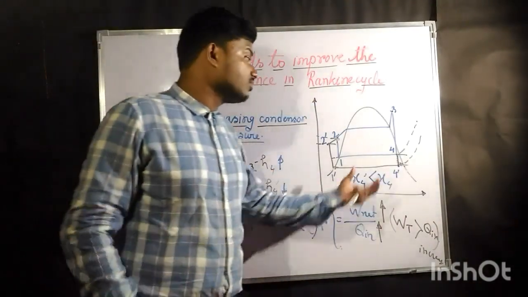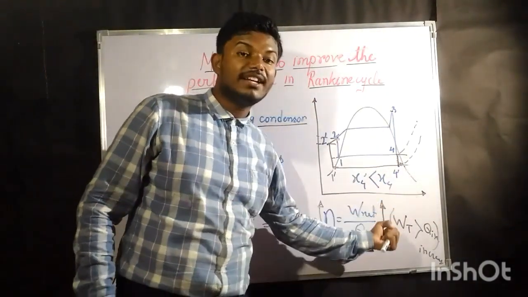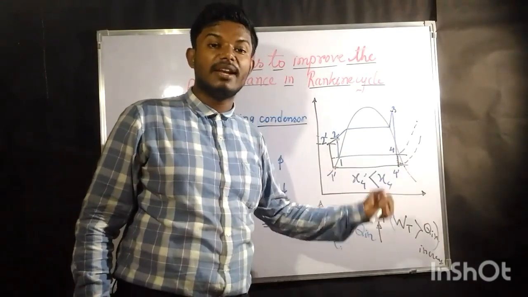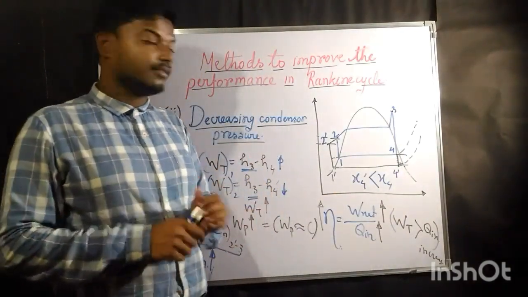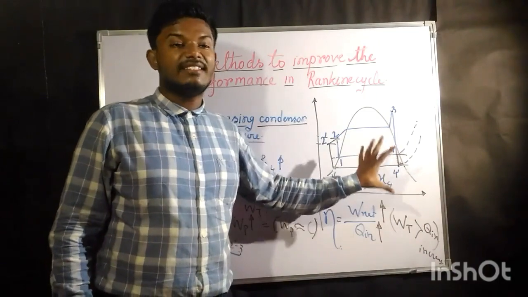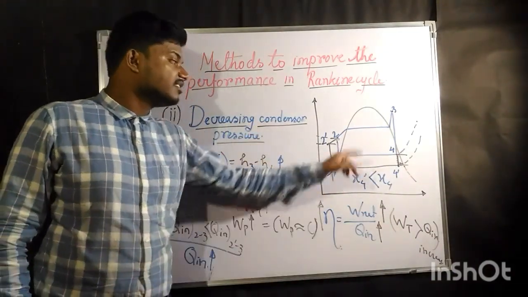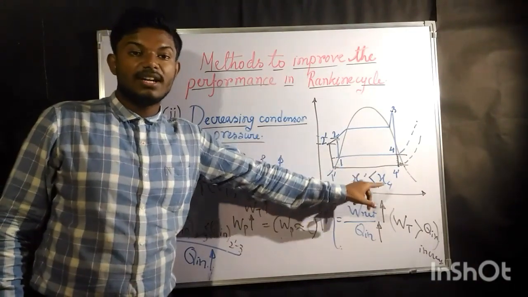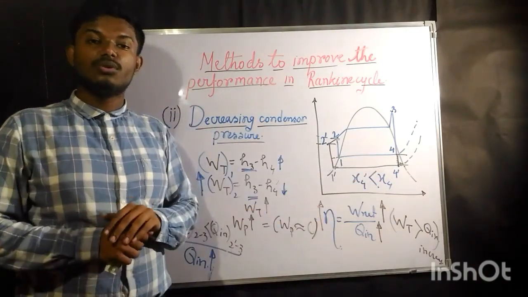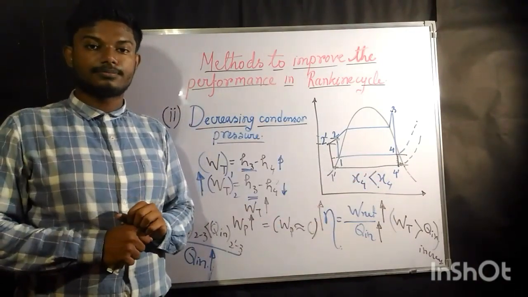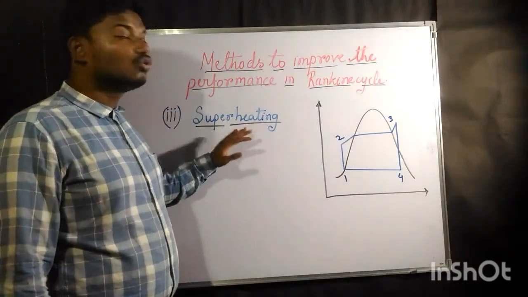So the quality of steam coming out of the turbine is going to decrease. This is one disadvantage of decreasing the condenser pressure. We are improving the efficiency, but the steam quality coming out of the turbine is going to be lower.